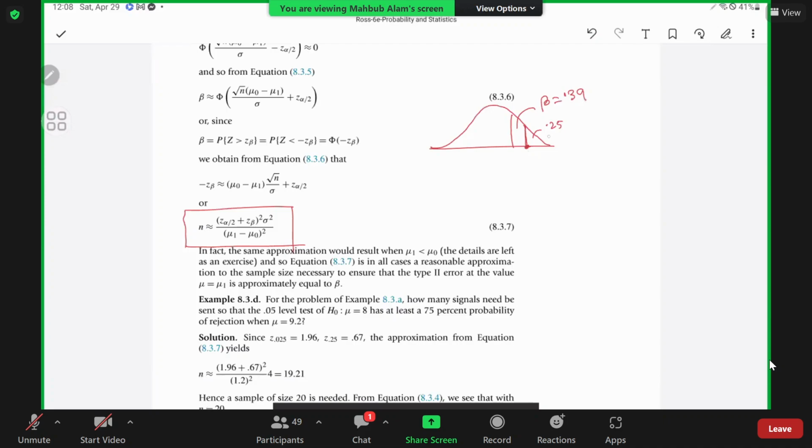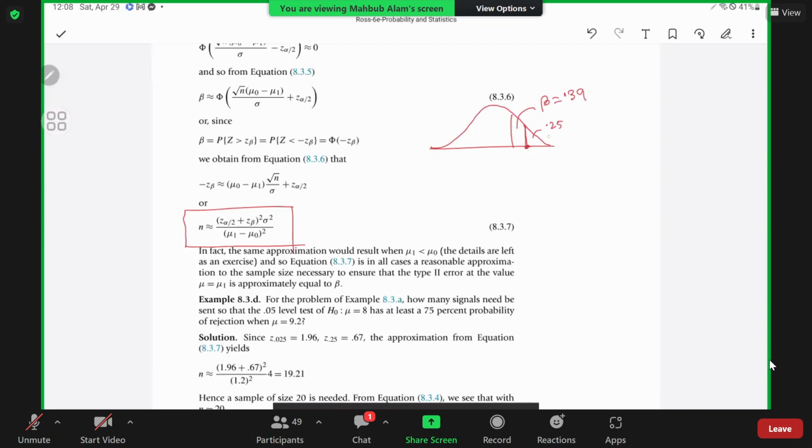Now, how many signals need to be sent so that a 0.05 level test has at least 75% probability of rejection, or 25% probability of accepting the false null hypothesis, with mu equal to 9.2 instead of 10, which we tested in the last case?